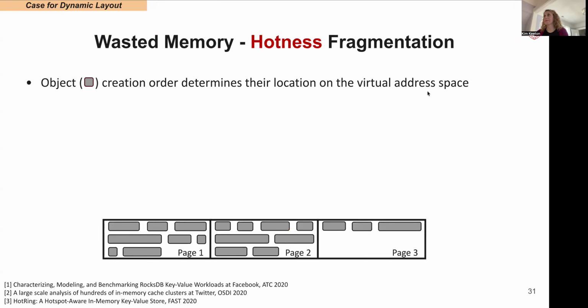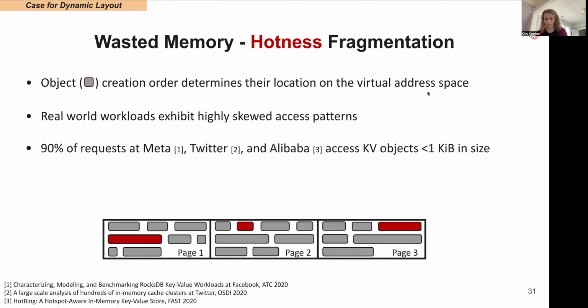As we all know, object creation order determines their location in the address space. This is a simplified sentence, but to a certain extent, memory allocators use slab allocation, where they put objects of the same size next to each other as they're created, right?